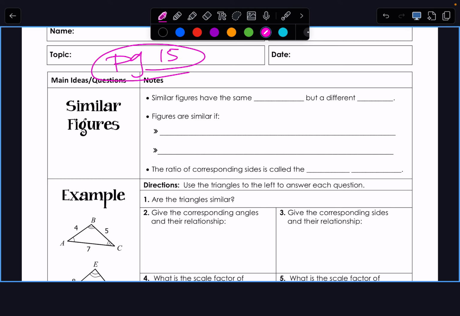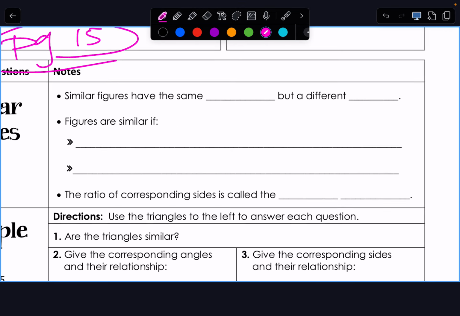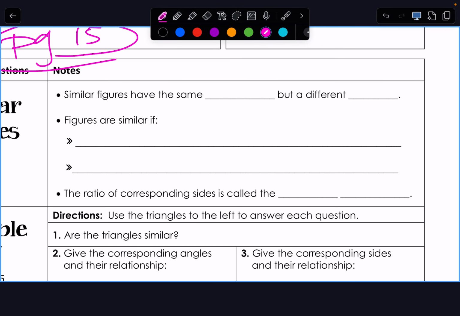If congruent figures means same shape, same size, similar figures means one of those is the same and one of them is different. Same shape, but different size. Could you write that in?